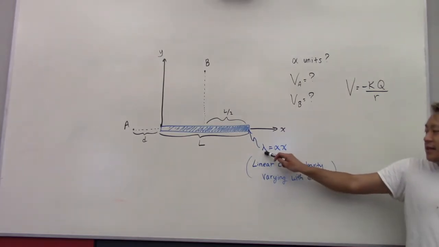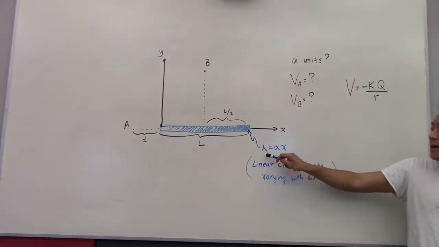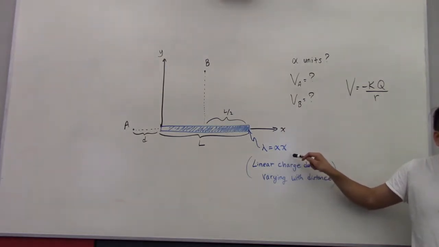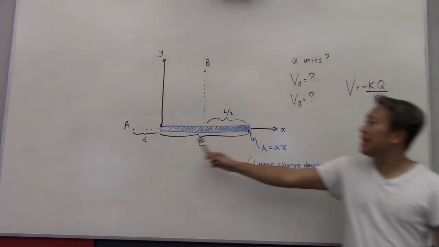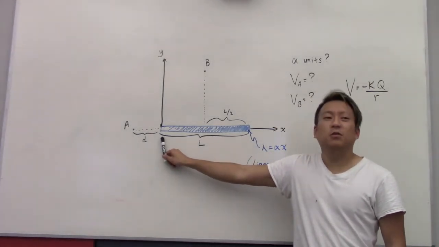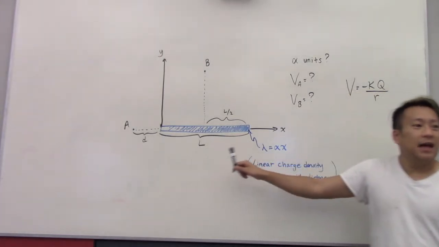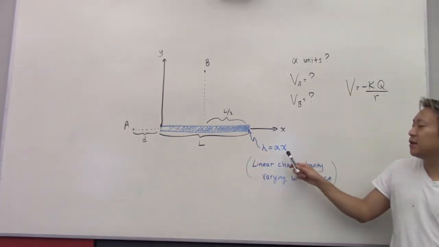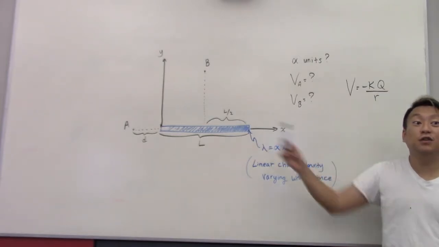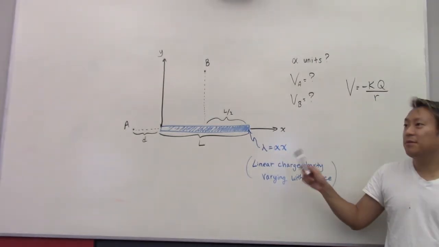The charge density, the charge per distance, is equal to some constant alpha times the distance, whatever the distance is. Well, that tells me that if I'm at the origin, then x is 0, so lambda is 0. When I'm at a distance of 1, lambda is alpha times 1. When I'm at a distance of 2 from the origin, then lambda is 2 alpha.